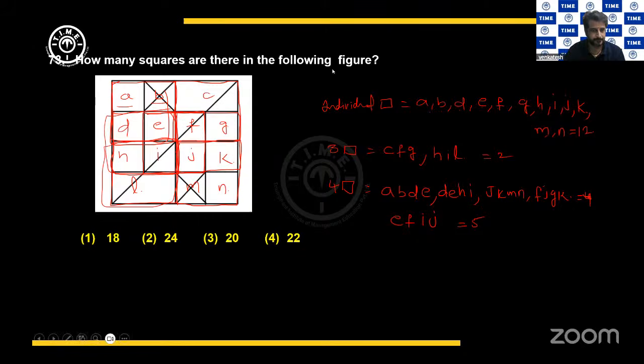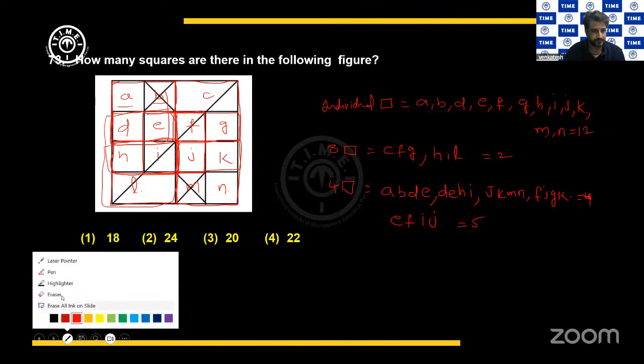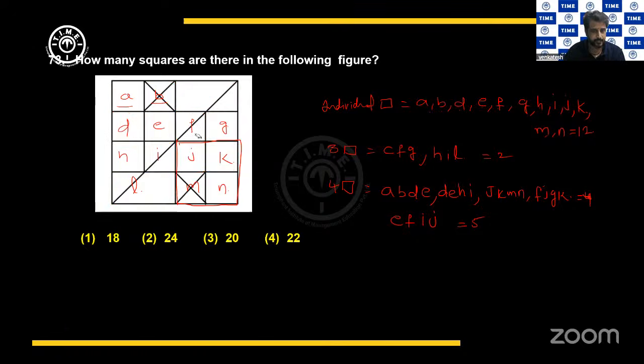Now let us go to the bigger combination. Let me erase it. ABC is there, right? If you observe carefully, this one forms a square.